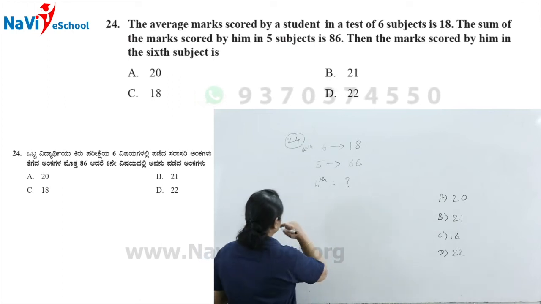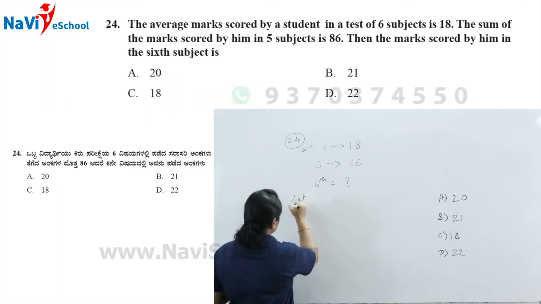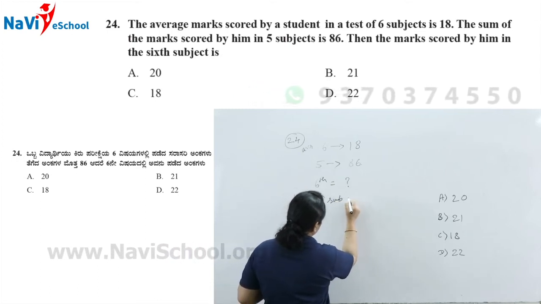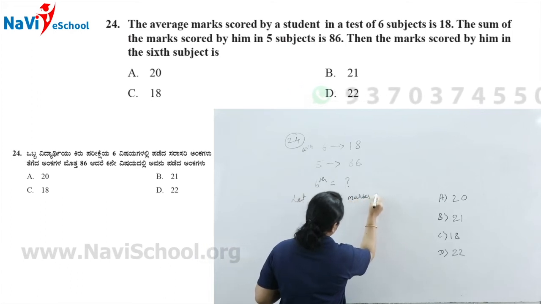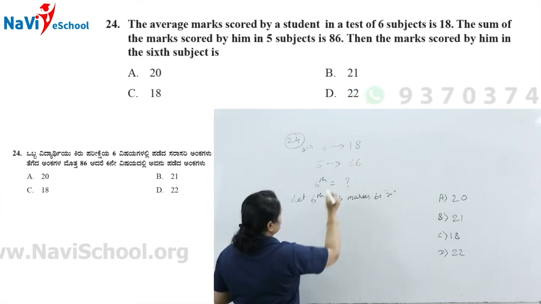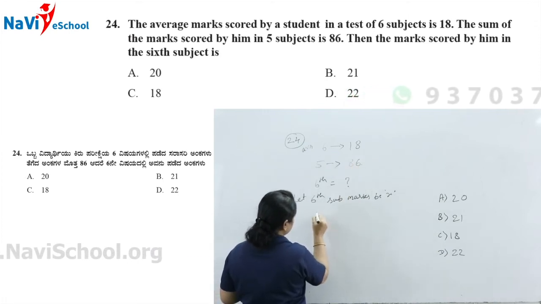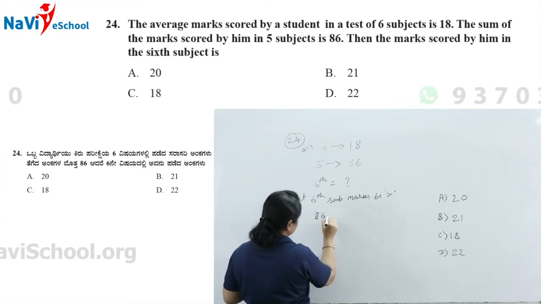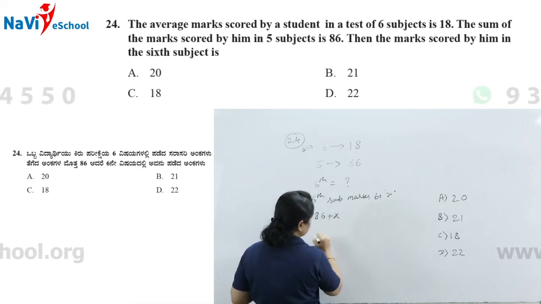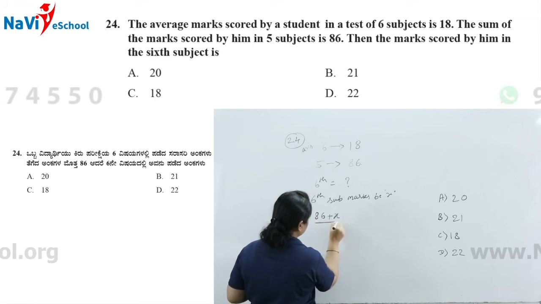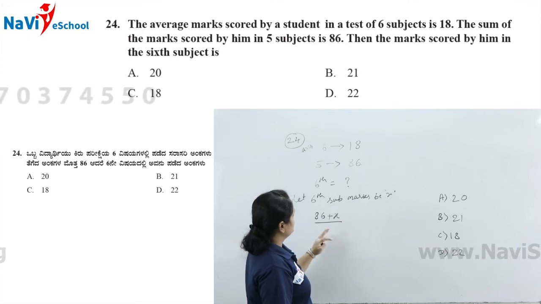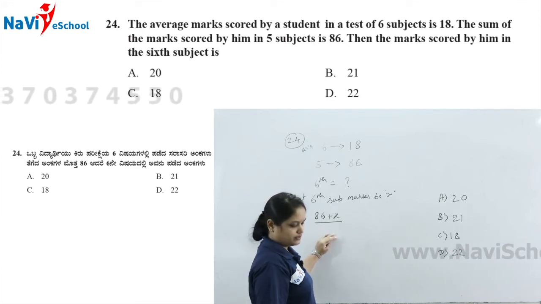Then here, let the 6th subject marks be X, okay, and then total marks here is 86, then the 6th subject you also have to add to get the average, divided by. 86 plus X divided by what?